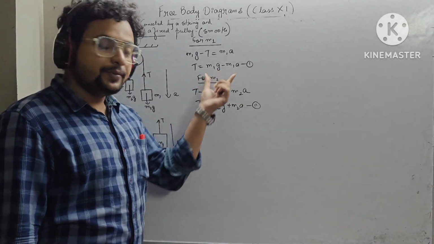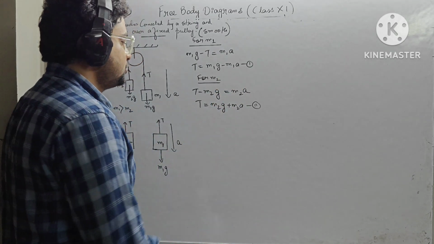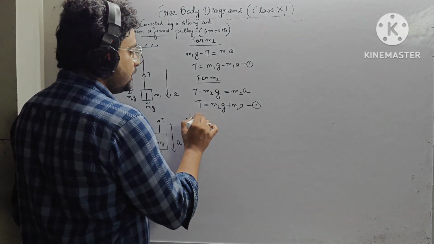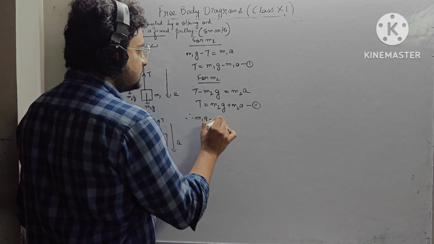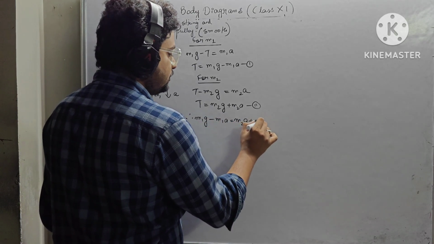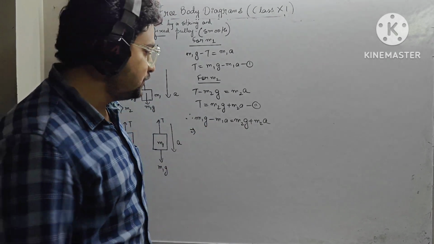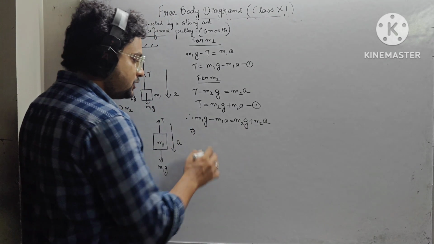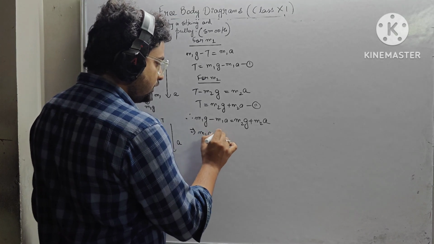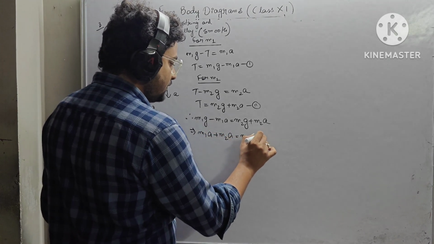Now see, this is also T. We can equate these two. So therefore we can write M1G minus M1A equals M2G plus M2A. So from here we will solve and find out the value of a. We can bring all the a's to one side. So M1A plus M2A will be equal to M1G minus M2G.